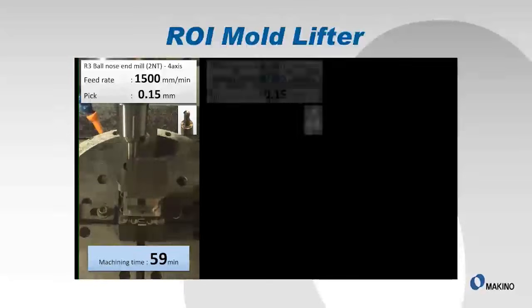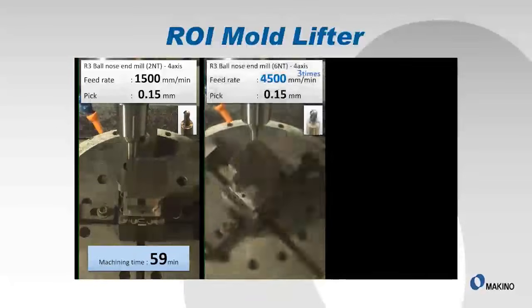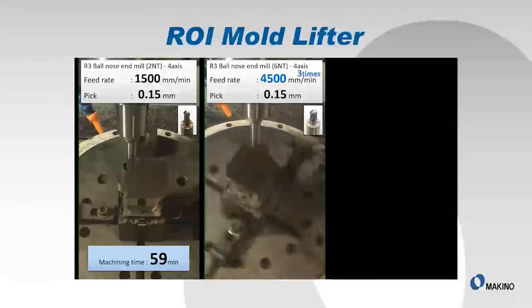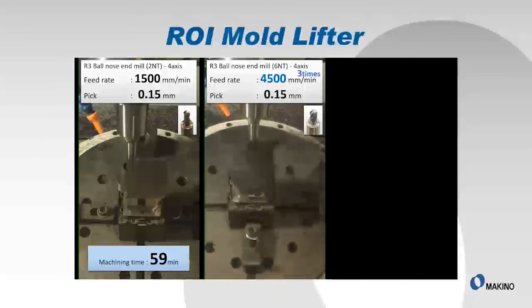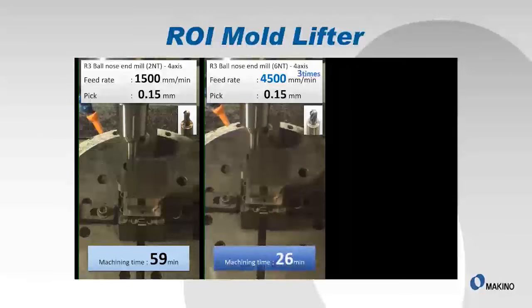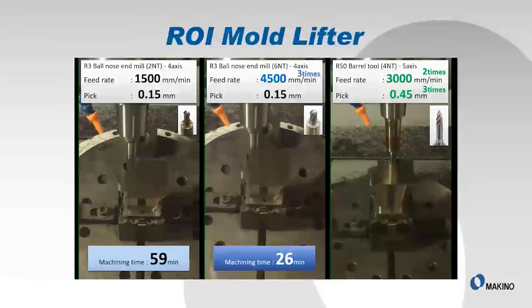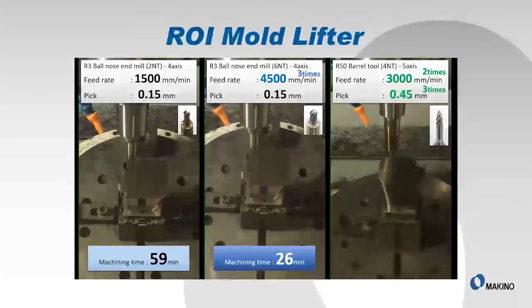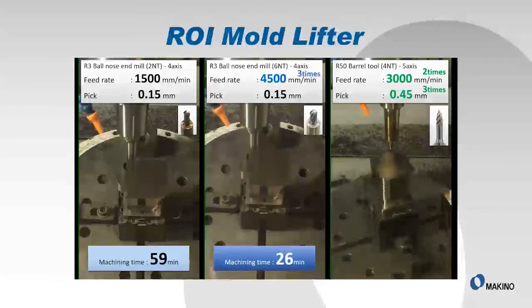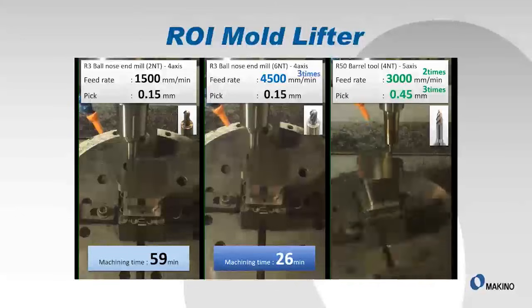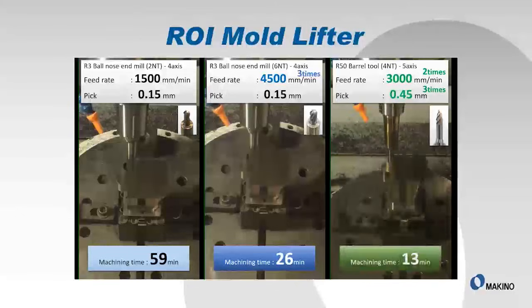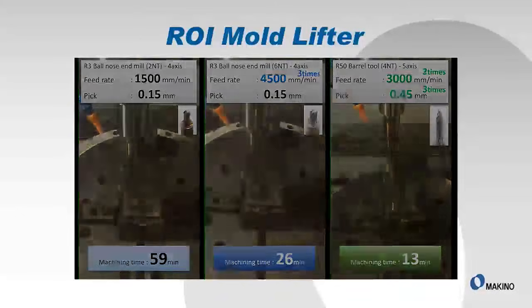We're going to take the same operation, but use a multi-flute or 6-flute ball nose end mill on it at a feed rate of 4,500 millimeters per minute, at the same pick rate, but a machining time of 26 minutes. In the last example, we're using full 5-axis with a barrel tool at 3,000 millimeters per minute, 2 times the original, and a larger pick rate of 0.45 millimeters with a cycle time of 13 minutes.